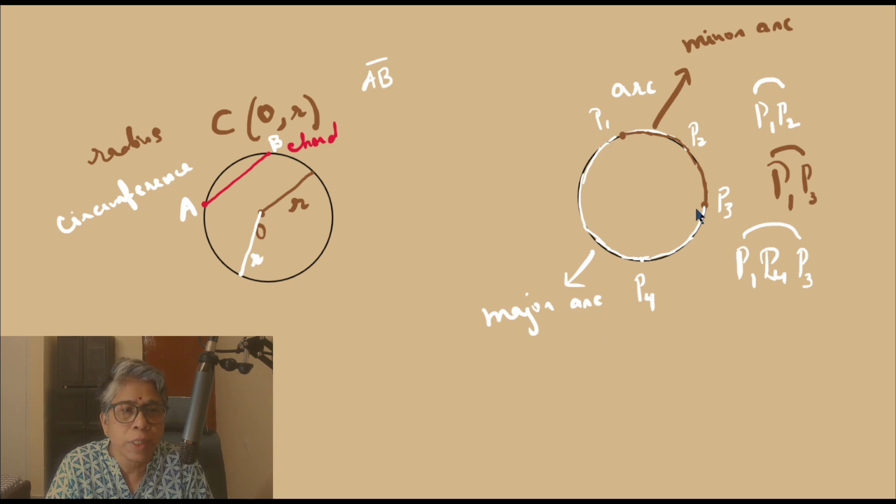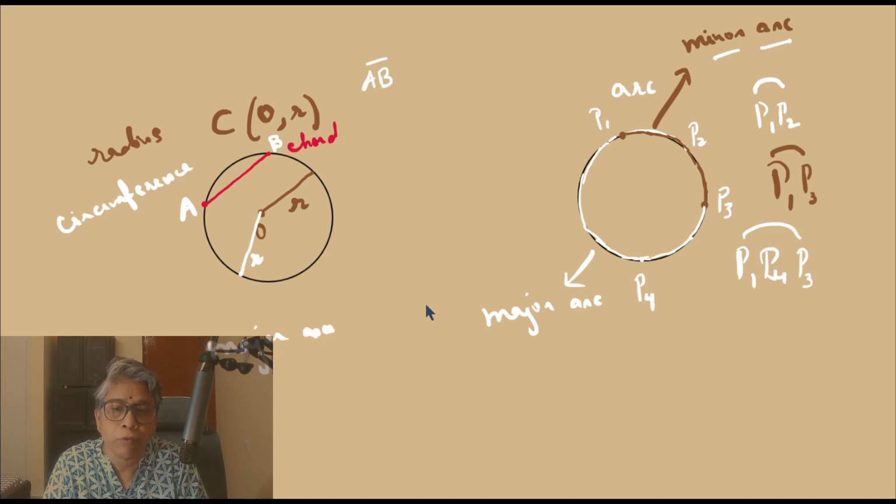And normally when we say arc P1, P2 or arc P1, P3, we refer to the minor arc. Unless and until it is specifically said that major arc P1, P3, we do not refer to major arc. We normally refer only to the minor arc, the arc which is smaller in length, right? If you say major arc P1, P3, then we are talking about this full thing, this arc, right?